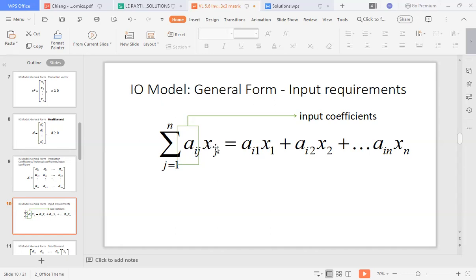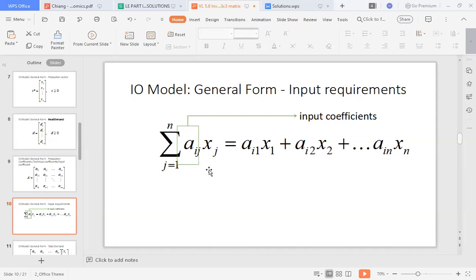Let me rephrase. This tells us the total value of the output of I that we will be using to produce this output, or this good or commodity, from industry J. Let me repeat: how much do we require from the output of industry I in order to produce this output from industry J?